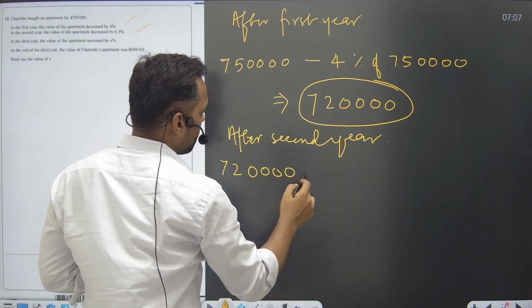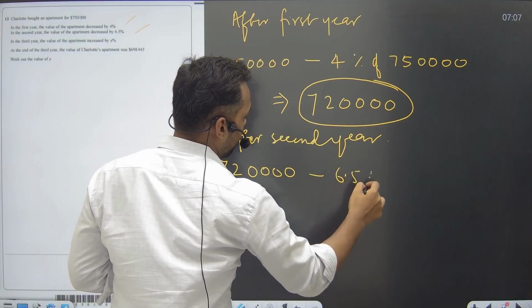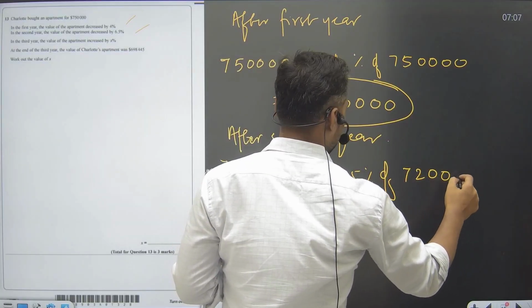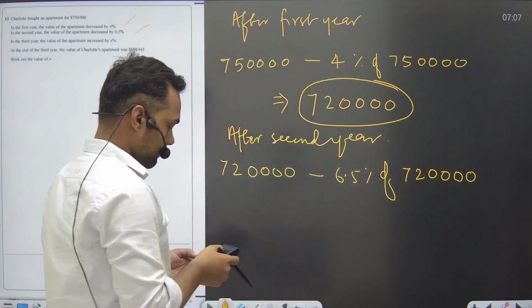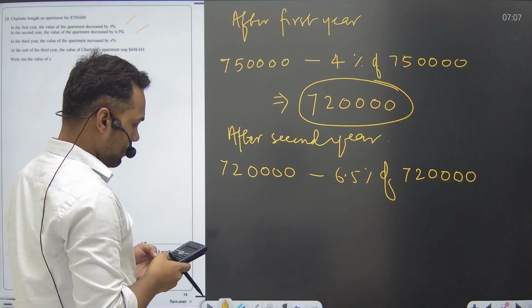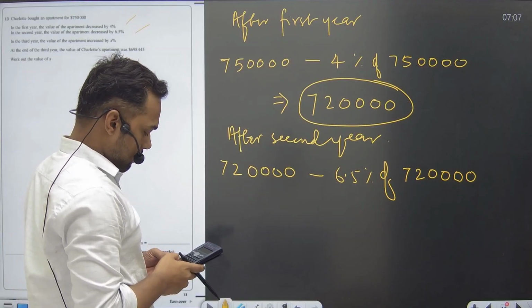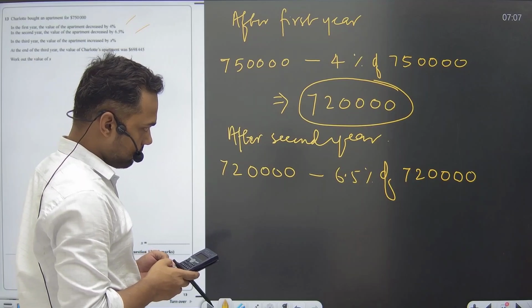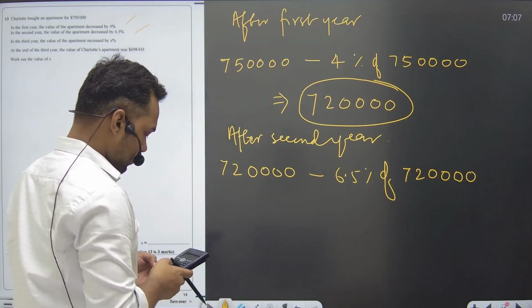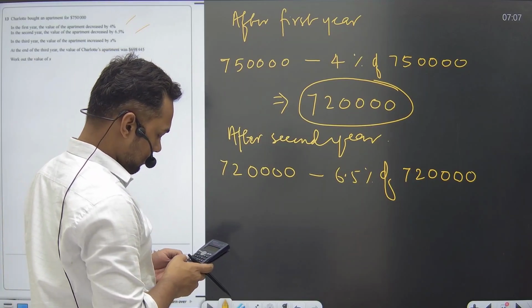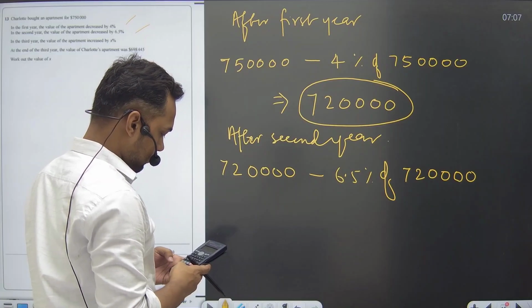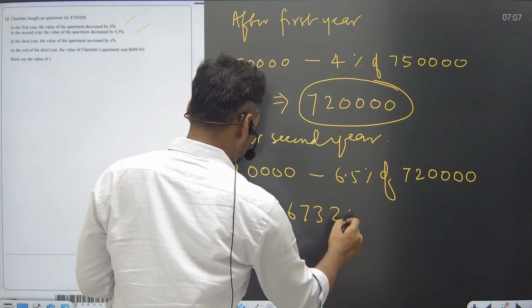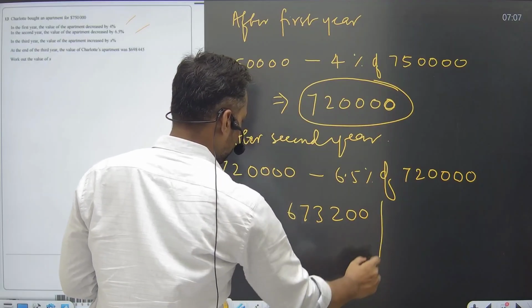So it will be minus 6.5% of this, 0.065. So you'll get $673,200.